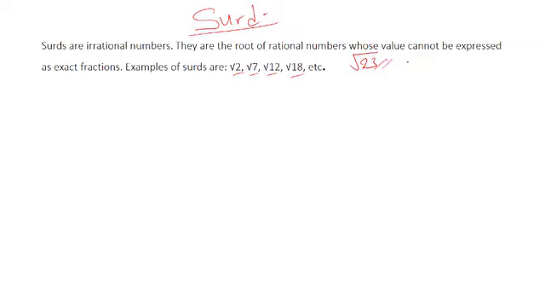You can't just see 3 and say this is a Surd. No, this is a positive whole number, but you can call root 3 one of the members of Surds. So, there are certain rules for Surds.